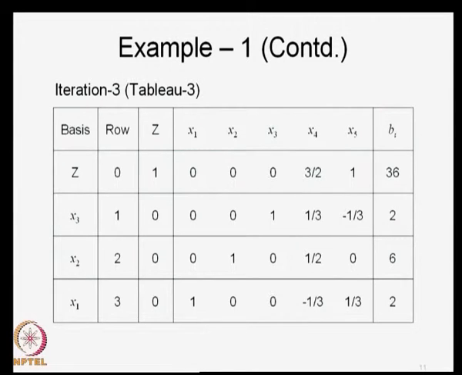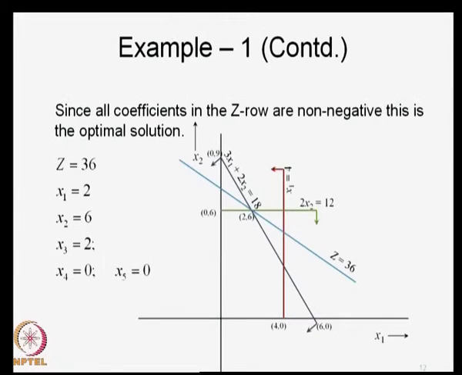This is the same problem that we discussed perhaps two lectures ago, when I introduced the graphical solution. And what did we obtain there? This is a graphical solution for the same problem.